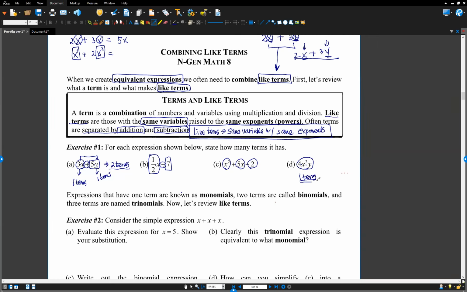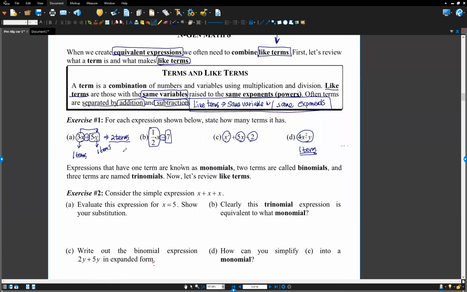Are you guys with me? The number of terms, number of terms. Okay, always what? By addition or subtraction.